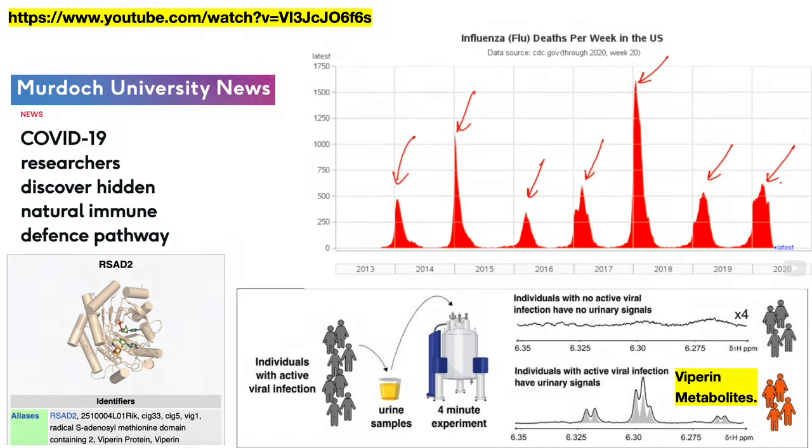So influenza deaths are graphed here per week in the United States, year by year. And within 1 to 3 weeks after the winter solstice, there is a peak in influenza death every year, the magnitude of which can vary, but the periodicity of this is very strong.